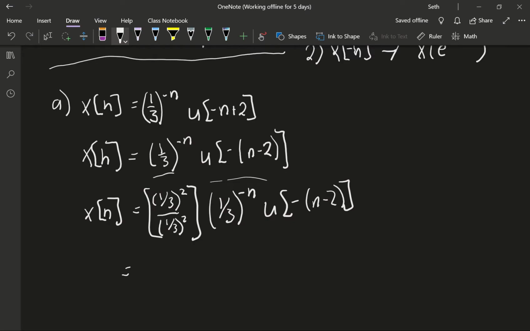Since it's the denominator, it'll come up as just 9. And now we're going to move the other term in the numerator to here and combine it, so we get (1/3)^(-n+2). Hopefully you should see where we're going now.